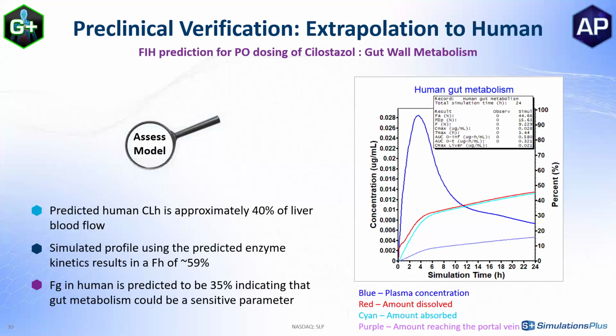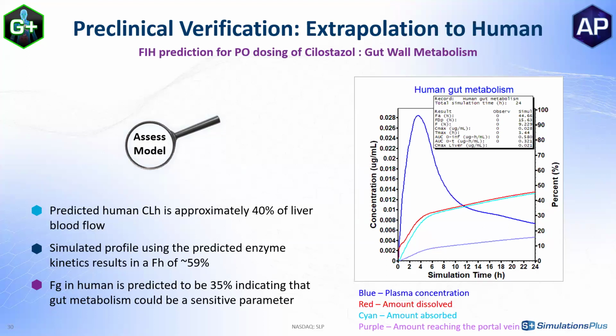When we consider the profile on the right-hand side of the slide, which has been generated using the predicted enzyme kinetics, the fraction escaping hepatic metabolism is about 59%, which agrees well with the clearance as predicted by preclinical verification. The amount reaching the hepatic portal vein is shown by this purple line on the plot, and this simulation predicts that the percentage escaping gut metabolism is approximately 35%.